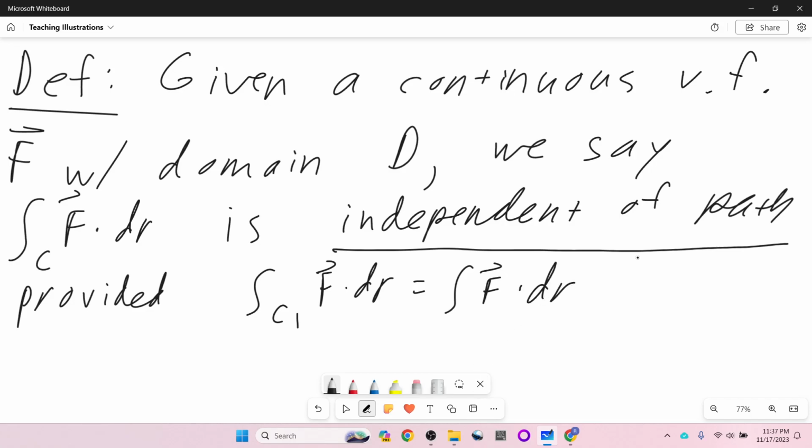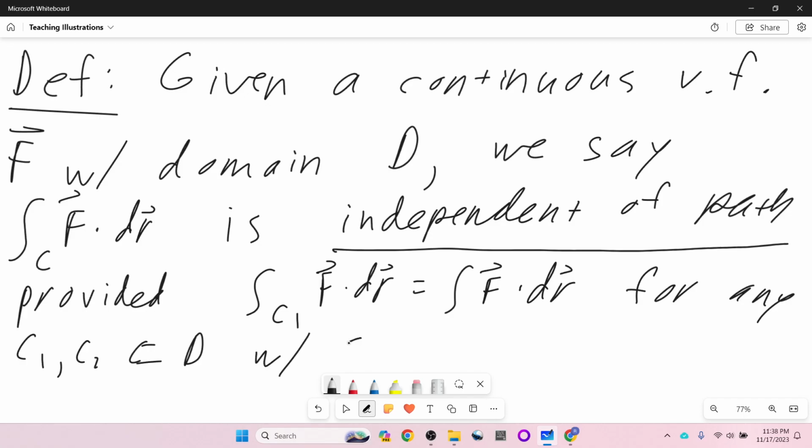Maybe it'll come back later. F dot dr. I guess the r's are technically vectors as well. For any C1 and C2 that are contained in D with the same endpoints.